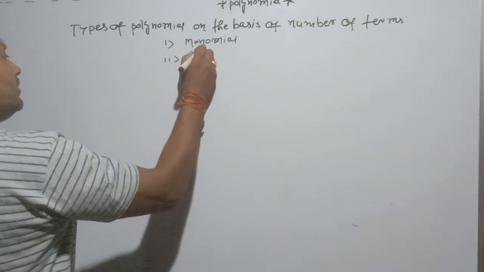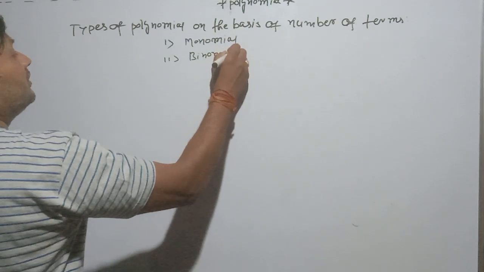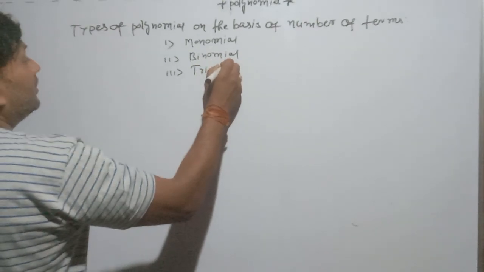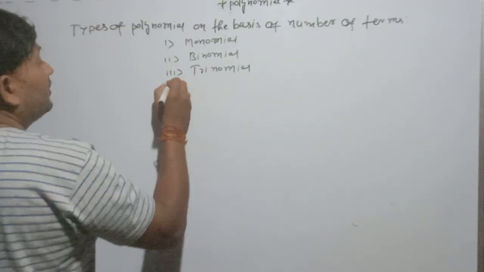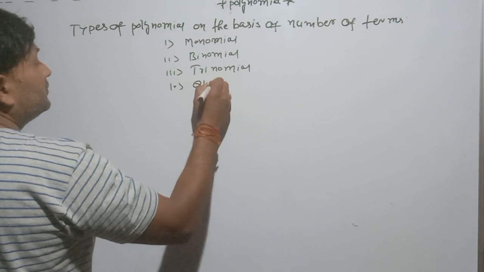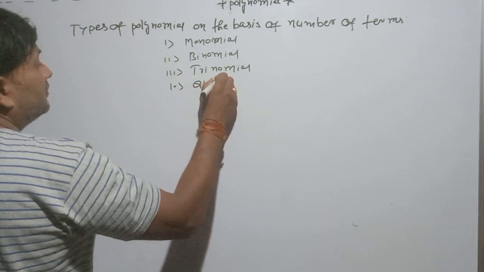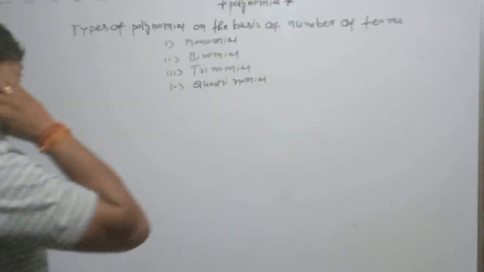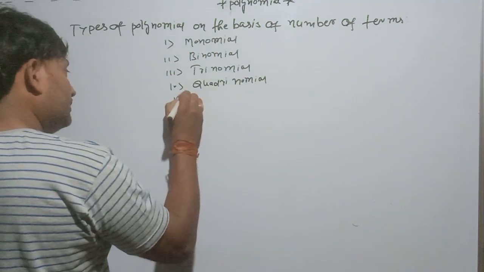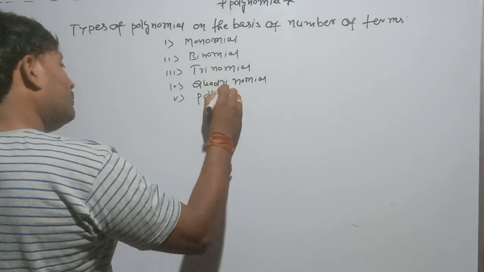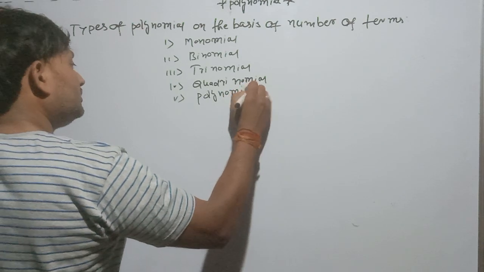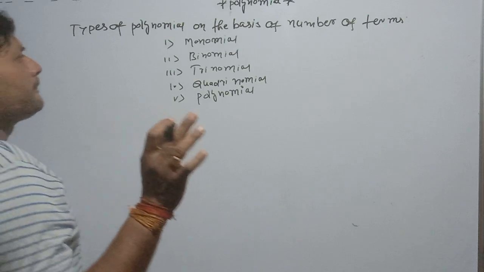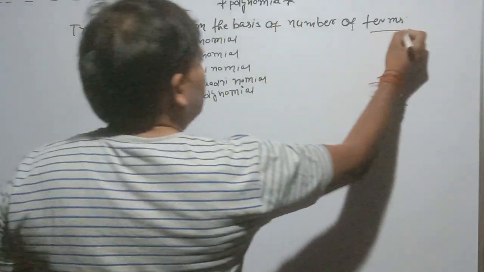Second, binomial. Third, trinomial. Fourth, quadrinomial. And fifth, polynomial. So there are mainly five types of polynomial on the basis of terms.